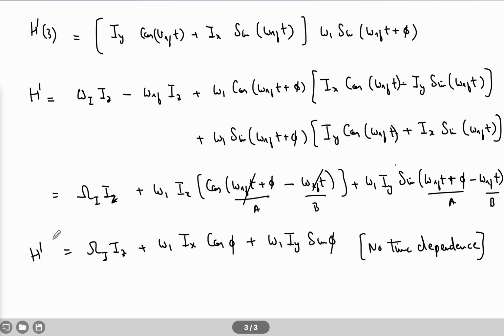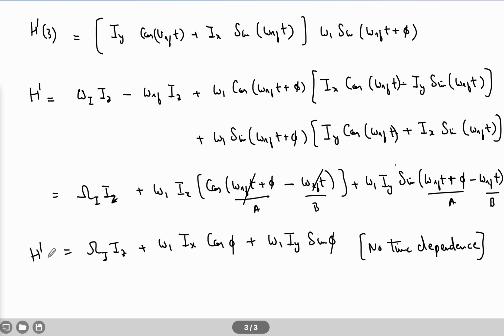So basically you can find out the time evolution of the density operator, even though the original Hamiltonian was time dependent, but after going into the rotating frame by doing the similarity transformation, you have converted the Hamiltonian into a time independent part, and then you can apply the similar solution to find out the density matrix evolution, right? Okay, that is all for today.